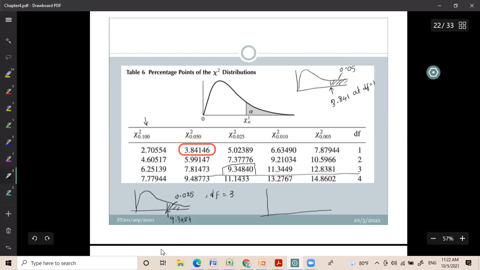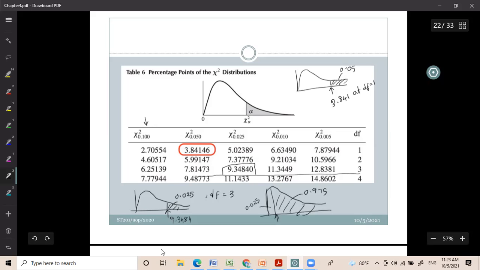And in most of the tables, you'll see more. Next one: say, for example, you want to find the case where this area is 0.025, then this will be 0.975. So these values are also available in this table. This is only a part of the table. You'll see another column with chi-square 0.975 somewhere to the left, and that will give you this number.